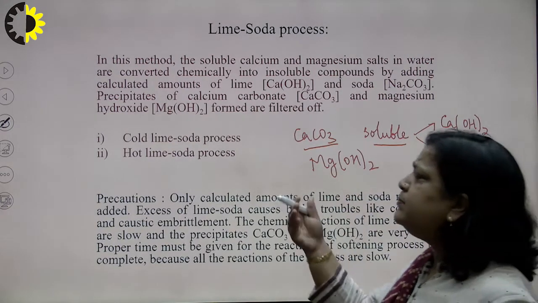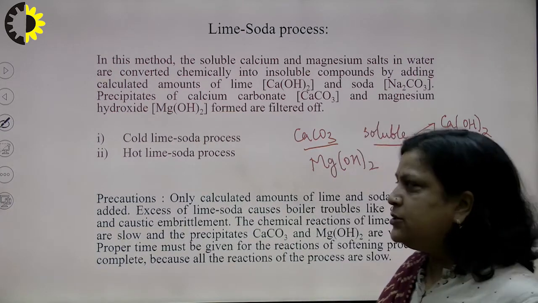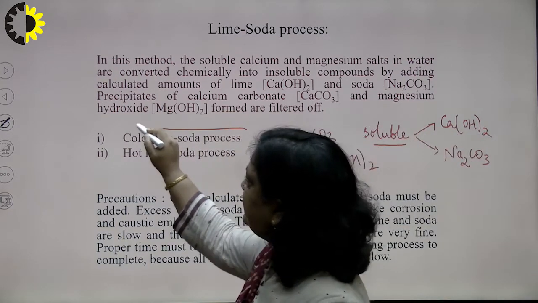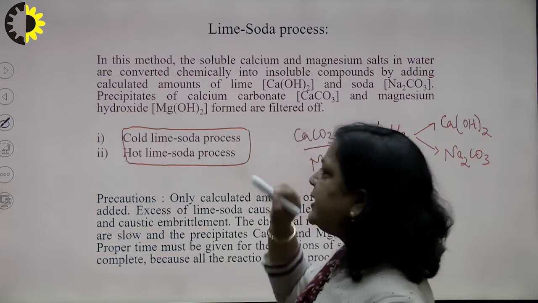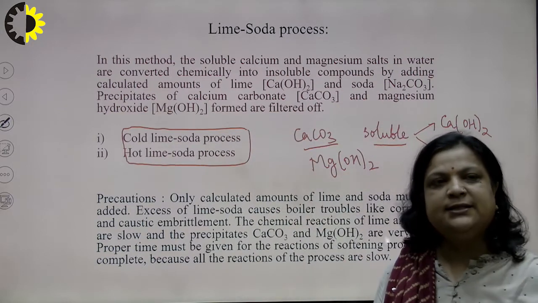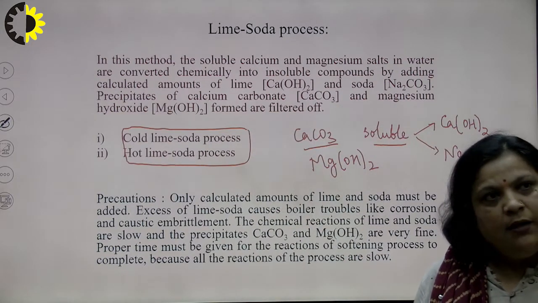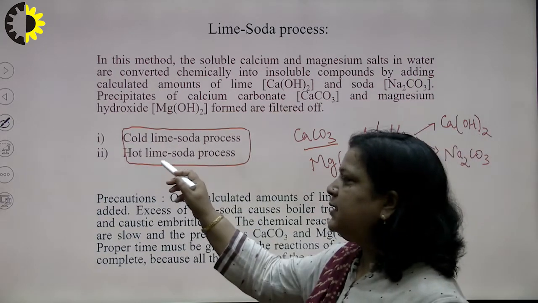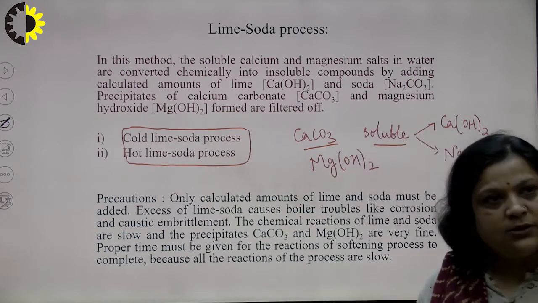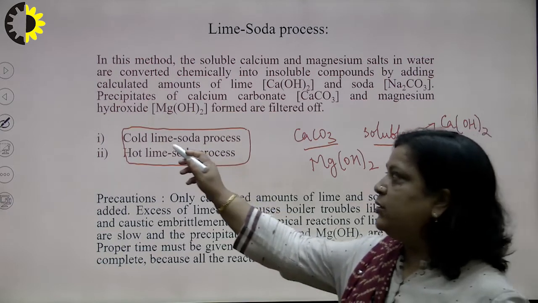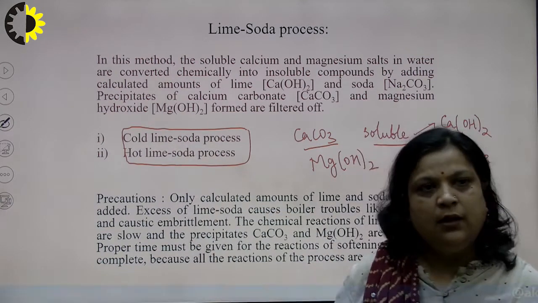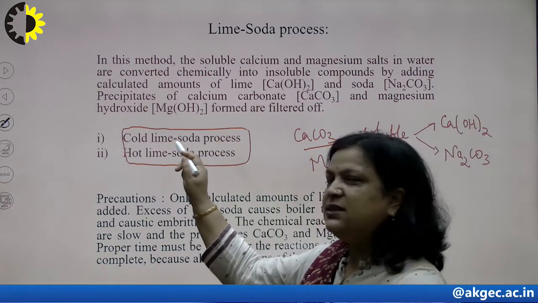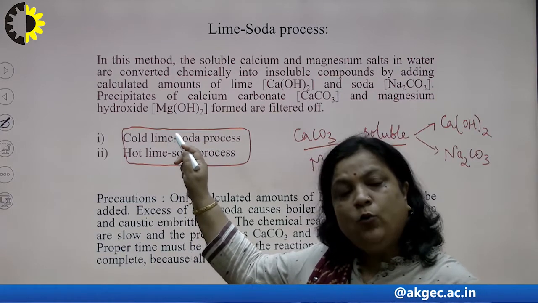Now, how does this chemical reaction occur? To understand this, we can say this type of process is basically categorized in two categories. First is the cold lime soda process and second is the hot lime soda process. Do not be confused: cold does not mean absolutely low temperature. Cold means this process occurs at room temperature.